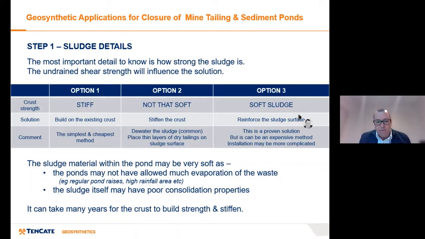It might be in high rainfall areas, or it might just be the poor consolidation properties of the sludge itself. But option 3 is where we're looking today. It's a proven solution. The installation is a little bit more complicated than the other solutions, and it is also a little bit more expensive than the other solutions as well. But the key point is when you're building on soft sludge, sometimes it may be the only solution.